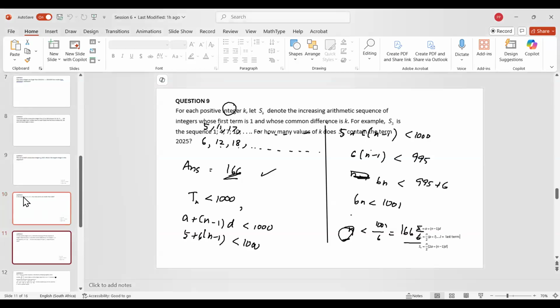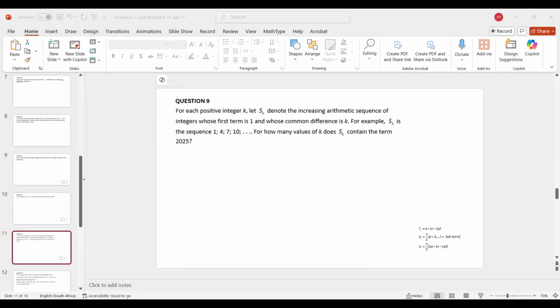Okay, so the next problem is, again, we are doing the same things. We are working with sequences. For each positive integer k, let sk, this is not nice. You can't use the symbol s. S is for the sums, because this is a sequence, not the sum.